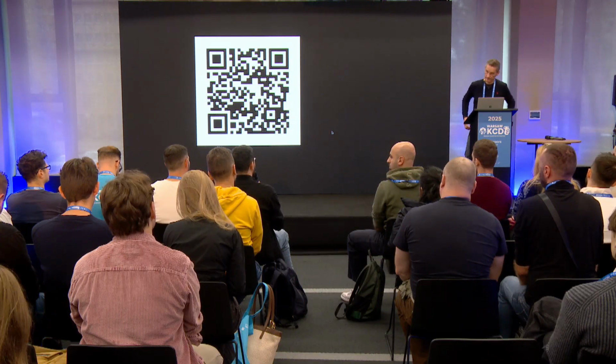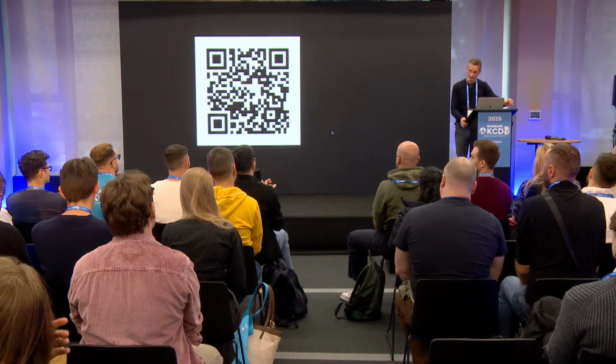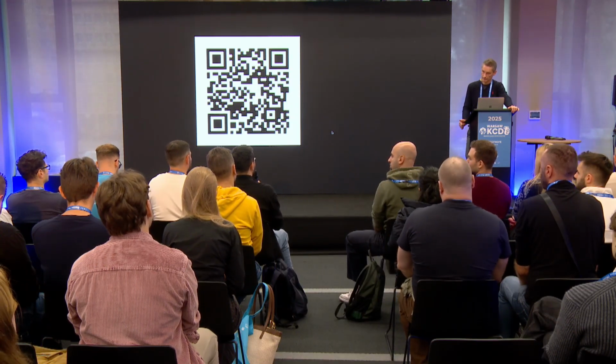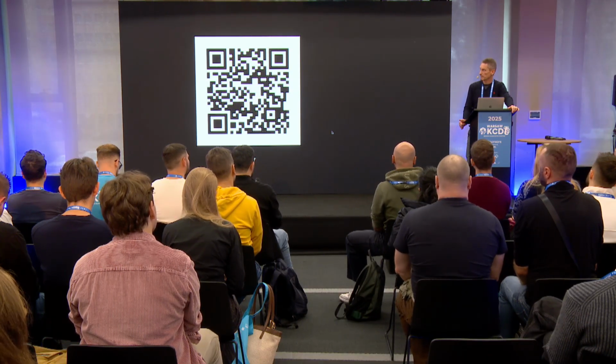How will KEDA manage that? If you have created multiple scaled objects, okay, easy. But we have one scaled object and multiple triggers. It computes the number of pods that need to be allocated and picks the largest one. Thank you.